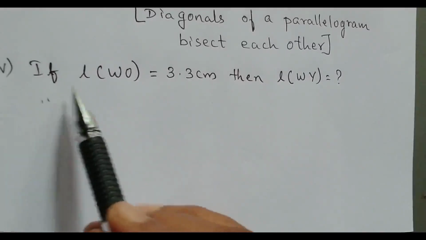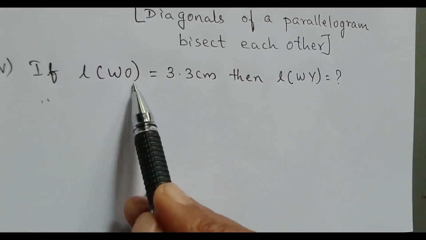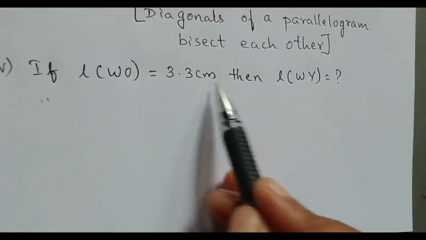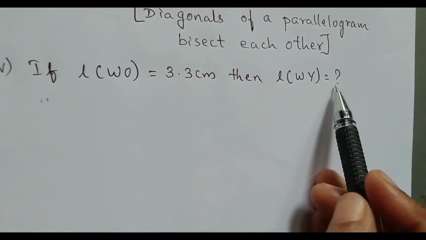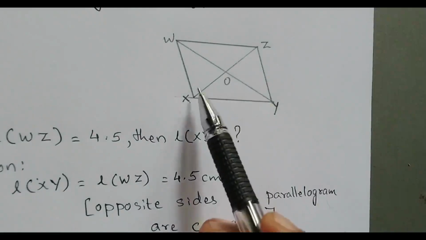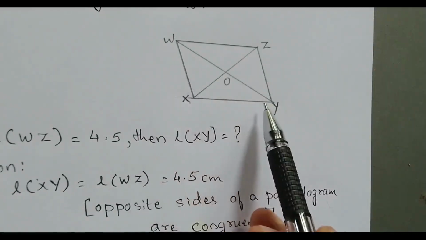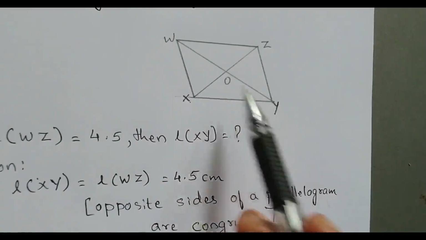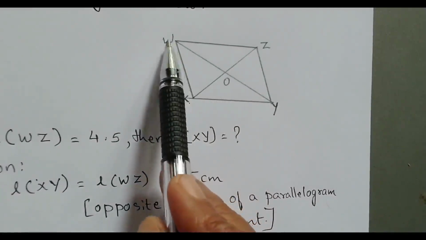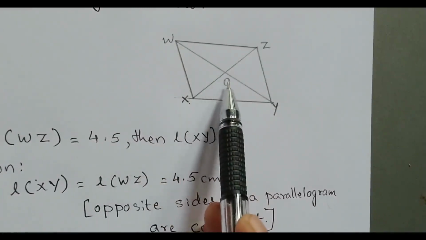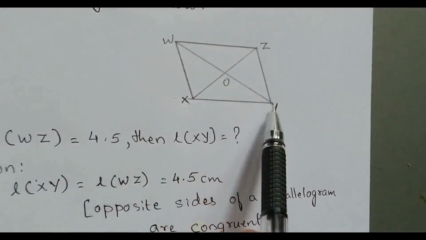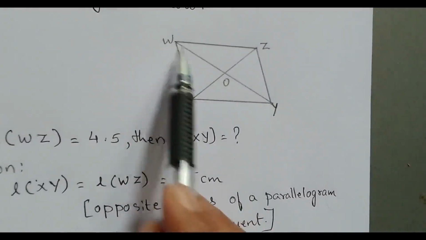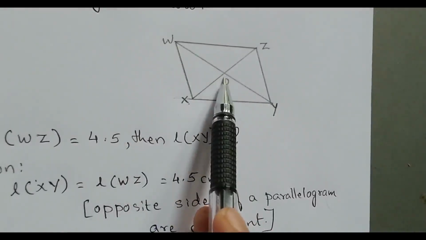The fourth question is, if length WO is 3.3 centimeters, then length WY is equal to how much? We know that the diagonals of a parallelogram bisect each other. So length WO and length OY will be the same, or length WY will be 2 times the length of WO.